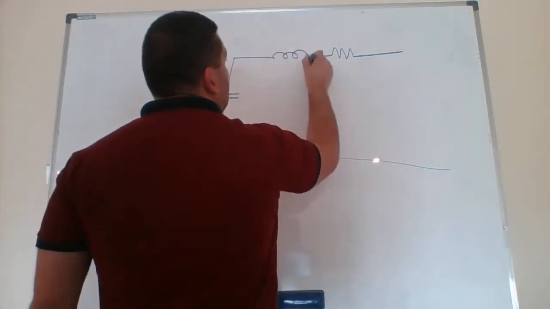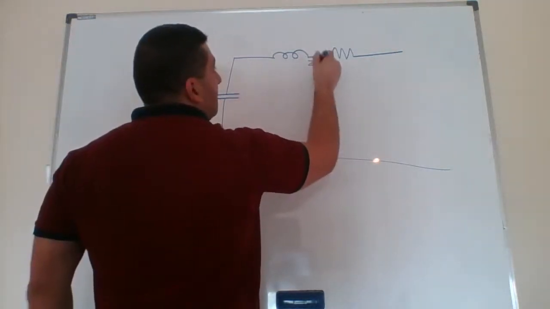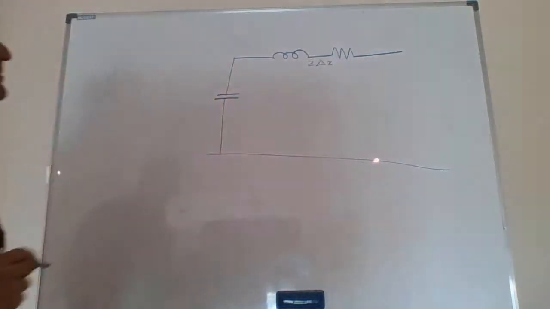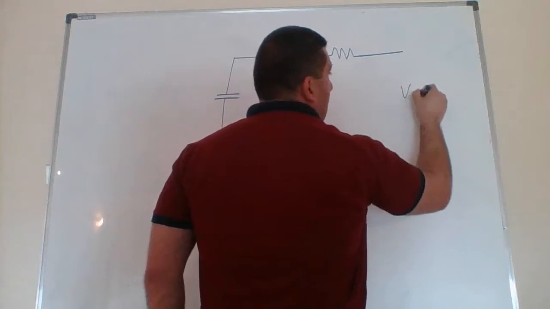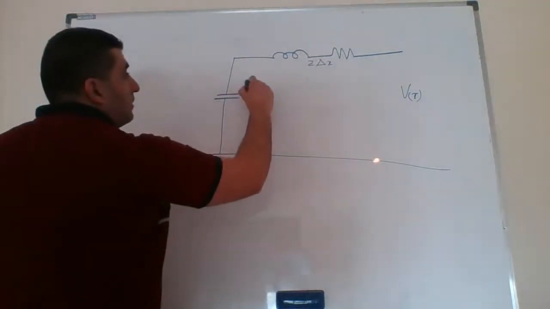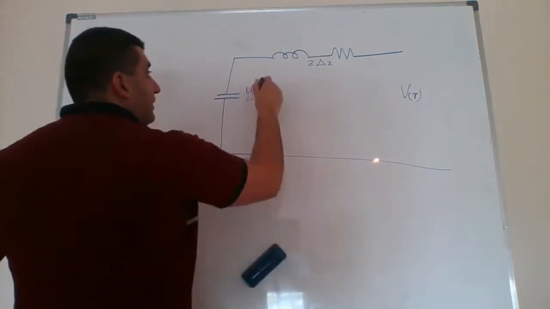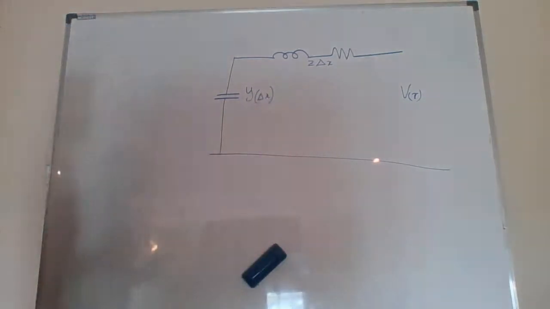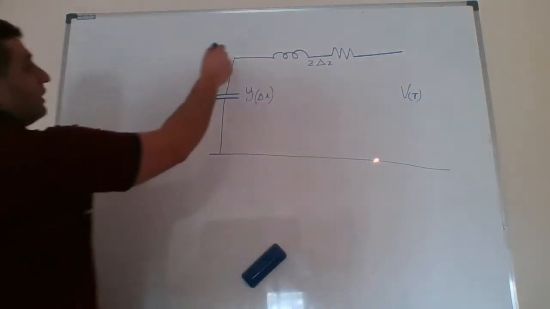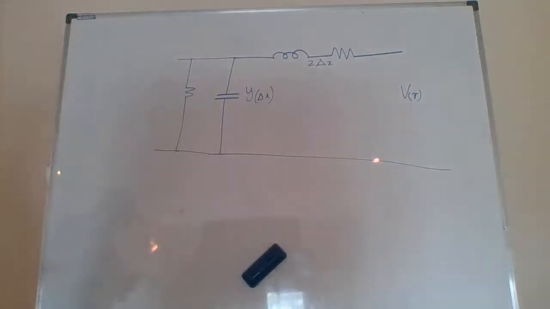I would normally call this Z, but because I'm now using a long transmission line network, I need to consider Z for a small length delta X. This is known as Vx at a point X. This is Y for a delta X. And remember, for the long transmission line, if required, I can also include the conductance of this network.